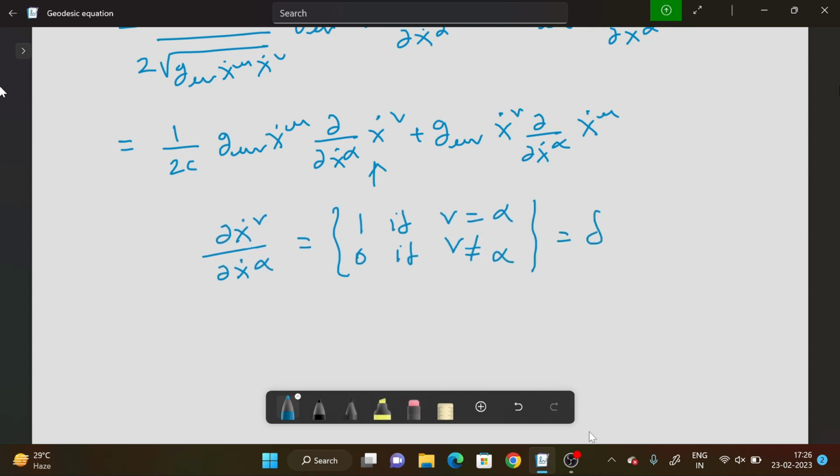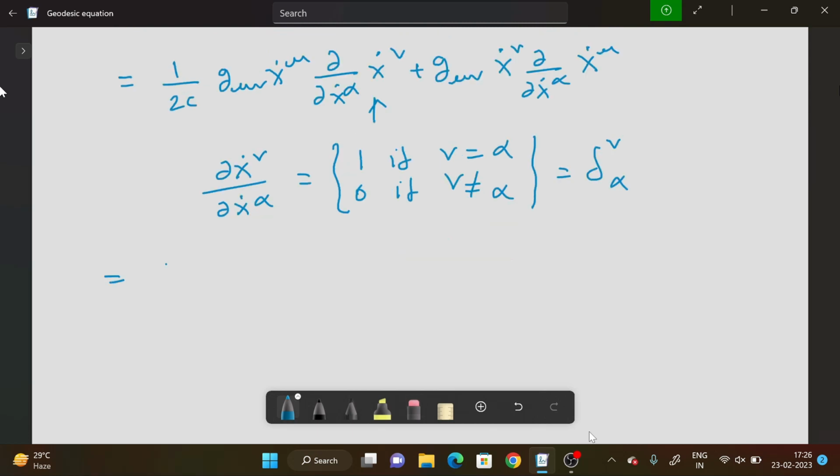And this is precisely the definition of the Kronecker delta. Now we can simplify this equation as 1 upon 2c g mu nu x dot mu with the Kronecker delta of nu and alpha, plus g mu nu x dot nu and the Kronecker delta with mu and alpha this time.